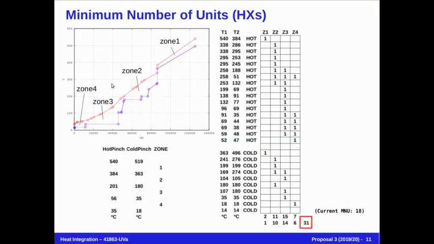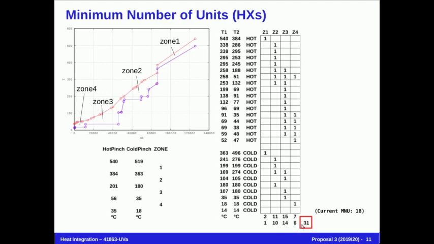Finally, for calculating the minimum number of units, I have divided the problem in 4 zones, separated by the utility pinches we have created using as much utility of each type as possible. These give us 4 different zones, and looking at the population of streams in every zone, we can calculate the chunks or complete streams in every zone, minus 1.